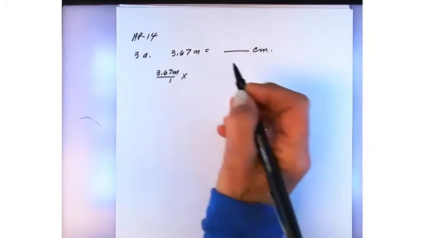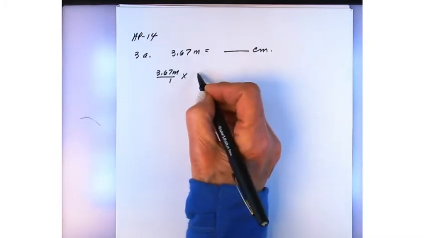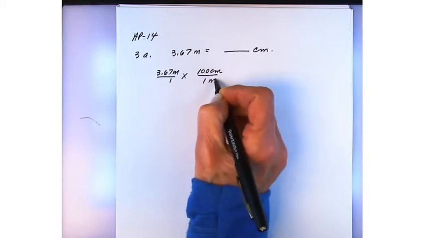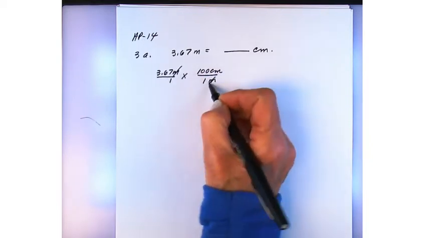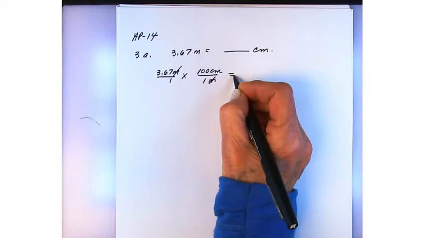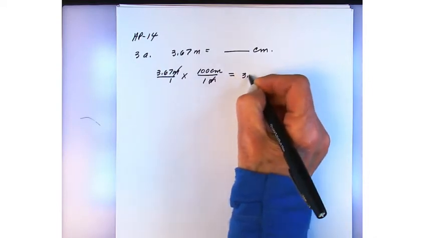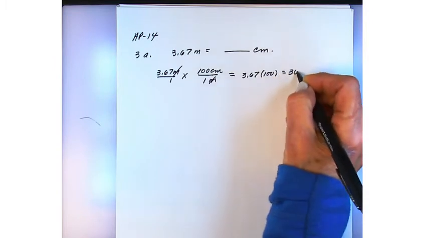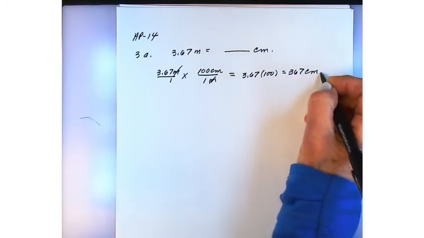Centi means 100, so we have 100 centimeters per 1 meter. Out goes the meters, in comes the centimeters. We have 3.67 times 100 is 367 centimeters.